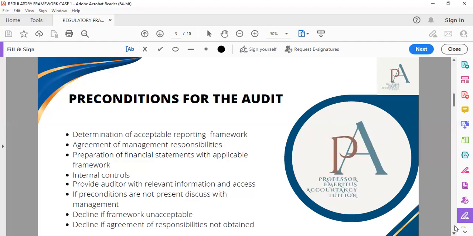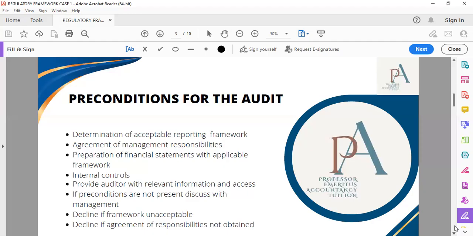For instance, apart from preparing a financial statement in accordance with, let's say, International Financial Reporting Standards, if this company is in the financial services industry, the respective disclosure requirements of the financial services industry must also be disclosed as part of the financial statement.